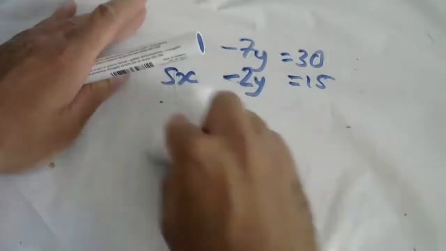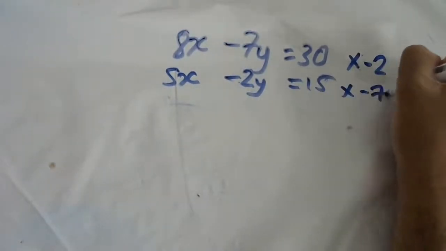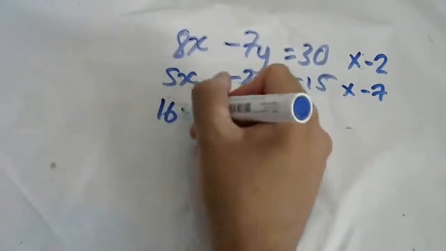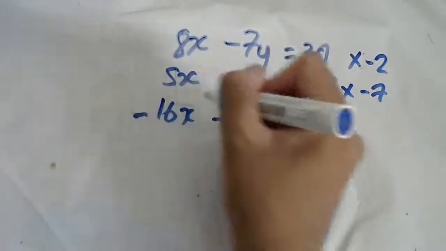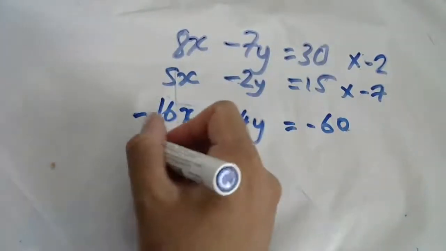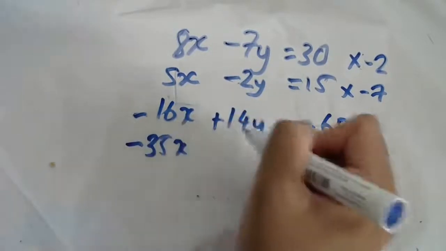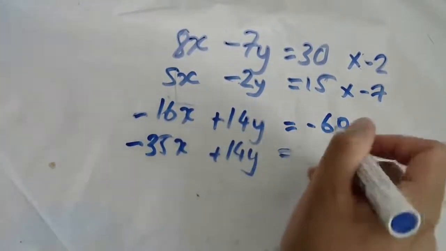So we're going to do times by minus 2 and minus 7 respectively. To be fair, it might be easier for you to follow if that's what you've done. So you've got minus 16x plus 14y equals minus 60, and you get minus 35x plus 14y equals minus 105.